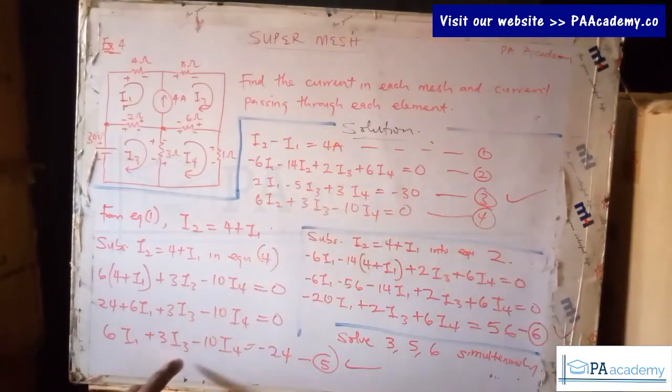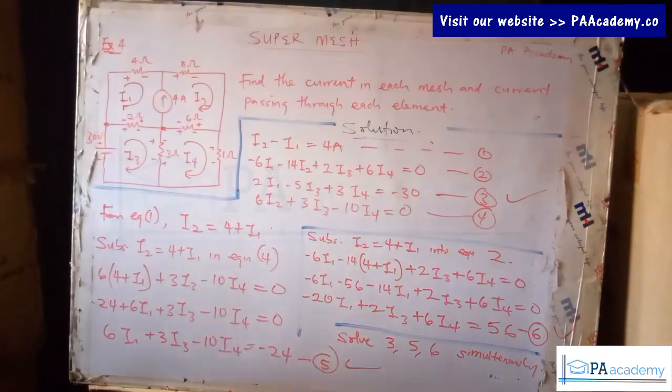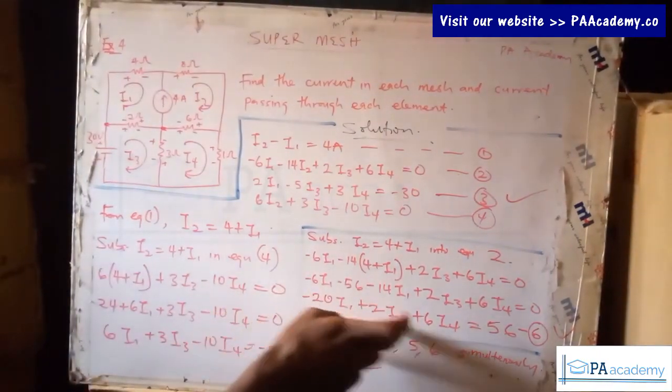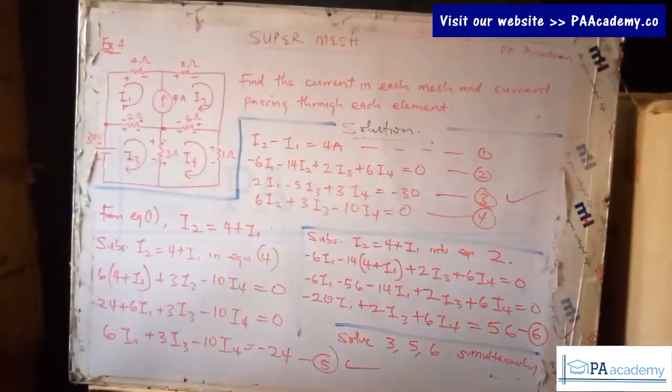Equation 5: I1, I3, I4. Equation 6: I1, I3, I4. So once we solve those 3 simultaneously, we'll be able to get I1, I3, and I4, and then we can use them to get the one that is missing, I2. So let's quickly do that.